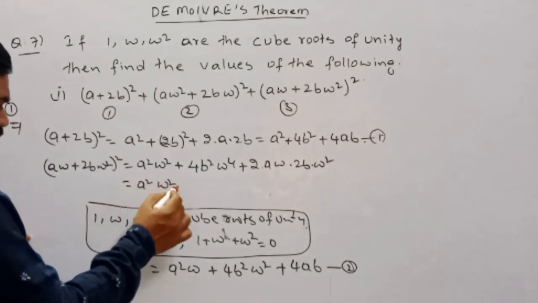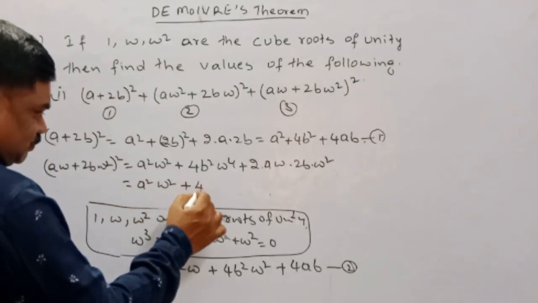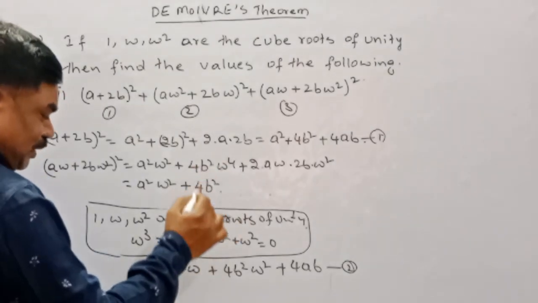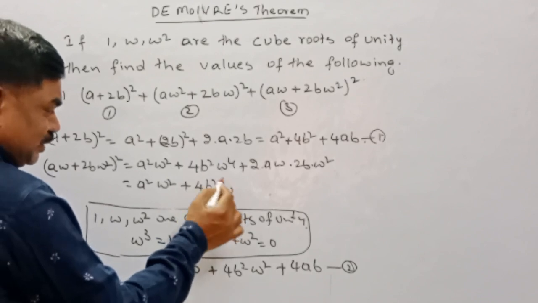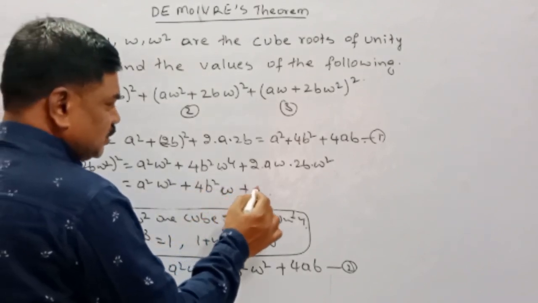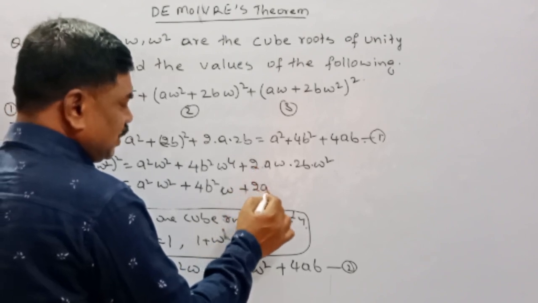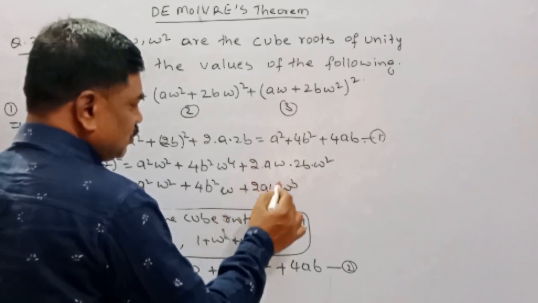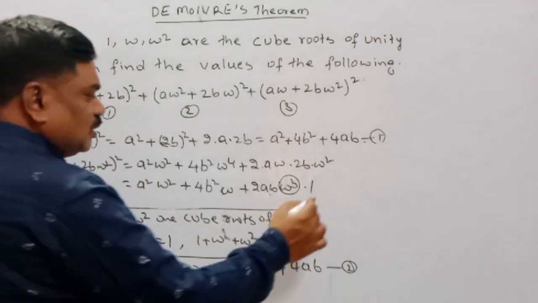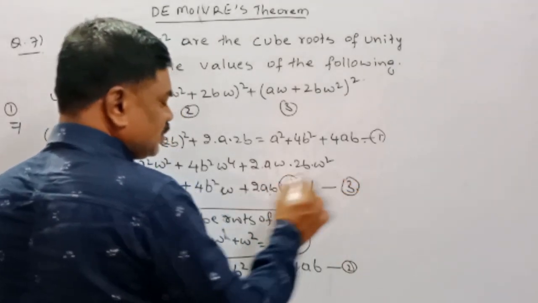A square omega square plus 4b square, omega power 4 is omega cube into omega, that is omega cube is equal to 1, remaining omega, plus this is 2ab into omega cube. Omega cube is equal to 1. So this is equation 3.